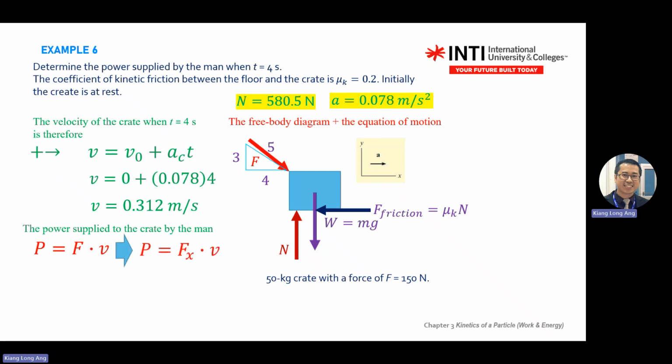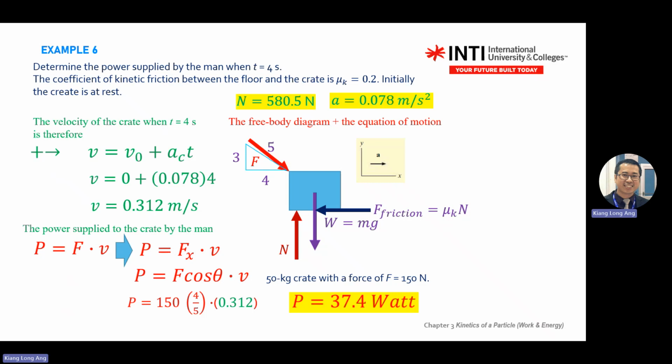This must go along the motion, so in this case we use the Fx direction and multiply by Vx, the velocity in the x direction. So Fx equals F cos theta, times V, and then you substitute all the values and you get the power. The answer is 37.4 watt, or 37.4 joule per second, or Newton meter per second.